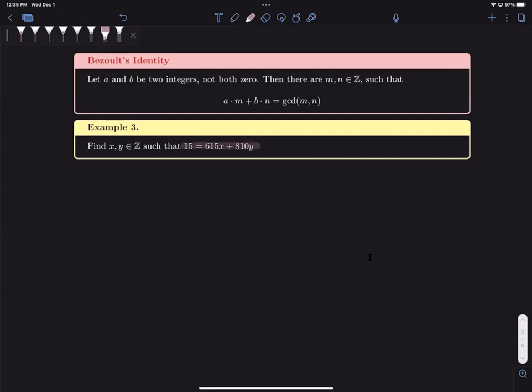How do we do this? Any suggestions? How do we approach this? It asks you to figure out what your x and y are. You need to solve for x and y. Did I write it wrong?